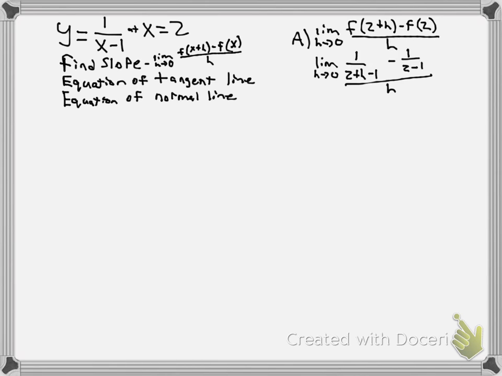So it gives me 1 over 2 plus h minus the 1. And then I had to substitute 2 in here, right? Minus f of 2, 1 over 2 minus 1. And then in your denominator, you've got h, which we're going to allow to get smaller, smaller, smaller.